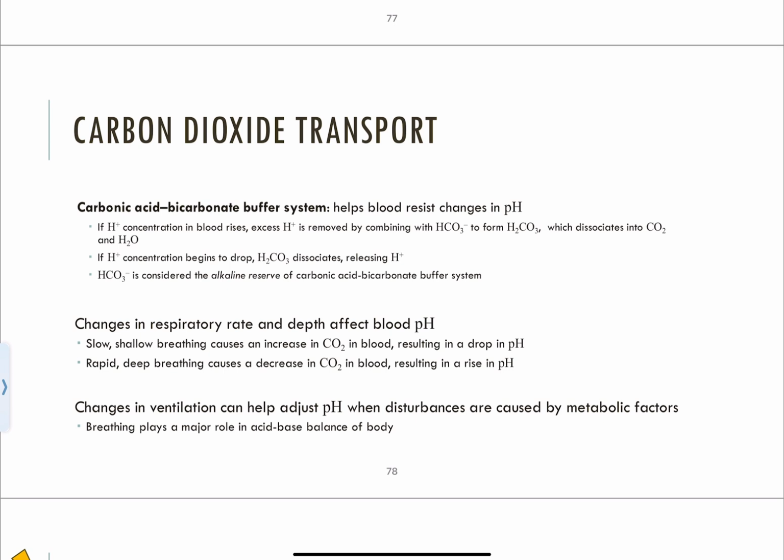If our hydrogen ion concentration in our blood rises, our bicarbonate ion will bind to the excess hydrogen ions and form carbonic acid, which is eventually going to produce carbon dioxide and water. If our hydrogen ion concentration becomes too low, our carbonic acid can dissociate, releasing a hydrogen ion, thereby elevating the concentration back up to where it needs to be.